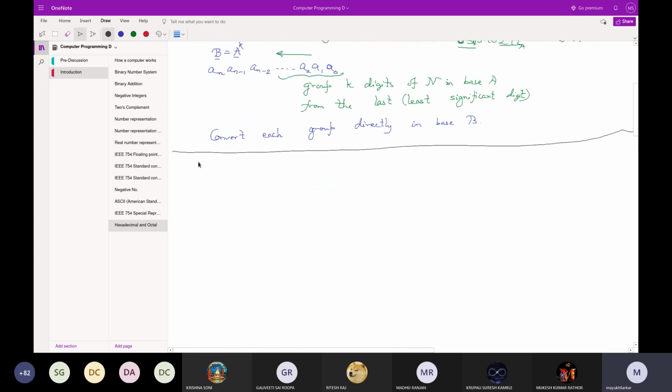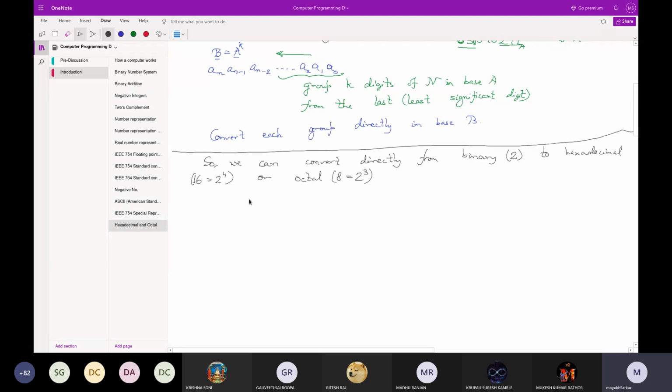So we can convert directly from binary to hexadecimal. Binary, that means base 2, to hexadecimal or octal. Hexadecimal means base 16, which is 2 to the power 4, or octal, base 8, which is 2 cubed.